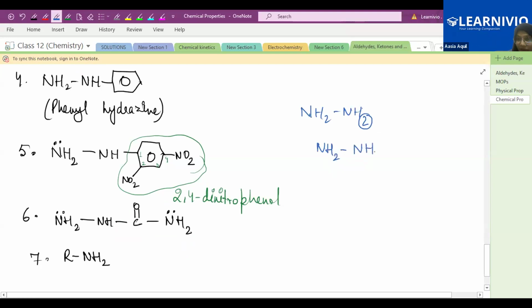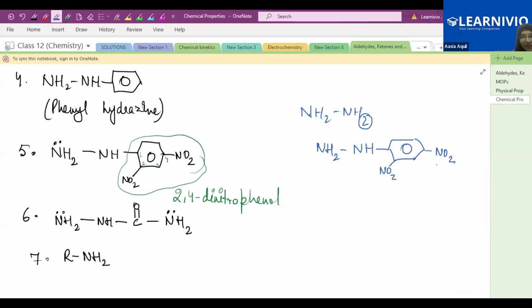One hydrogen is replaced by this phenyl ring. So what is this? Phenyl hydrazine, right? Now what if I place a nitro group on the second position and the fourth position? How can you write the name? 2,4-dinitrophenyl hydrazine.